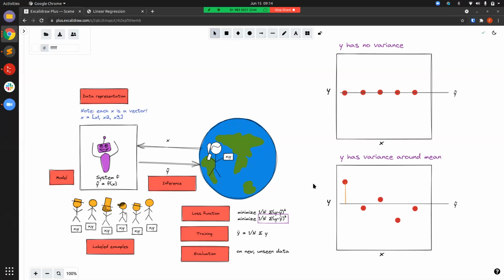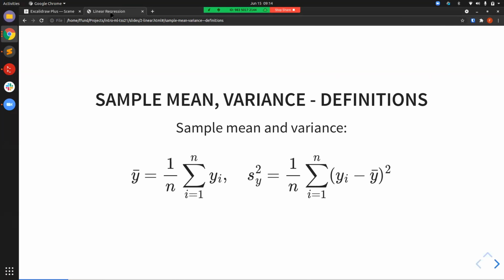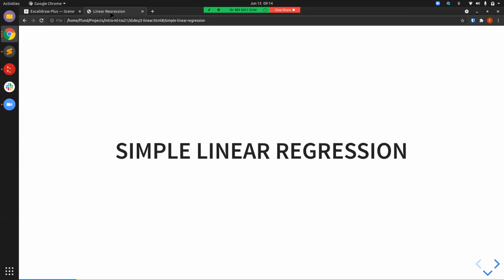Right? So here we can see that with prediction by mean, when there is no variance in the data, it's a great strategy. But if there is variance in the data around the mean, then we need a model that is somehow capable of explaining that variance. Okay, so let's see if we can identify such a model.